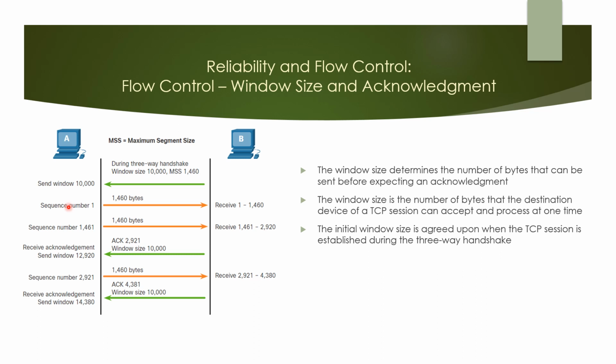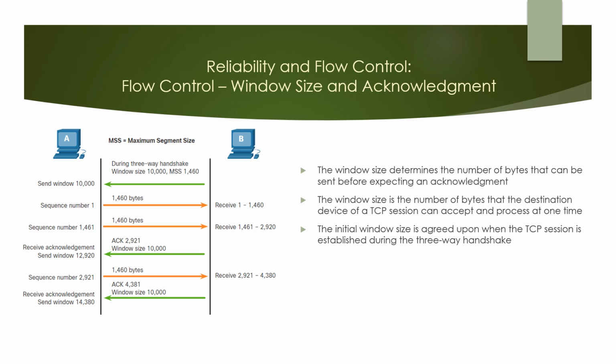As it is shown here, when PC A receives an acknowledgement with the acknowledgement number 2921, which is the next expected byte, the PC A send window will increment by 2920 bytes. This changes the send window from 10,000 bytes to 12,920.